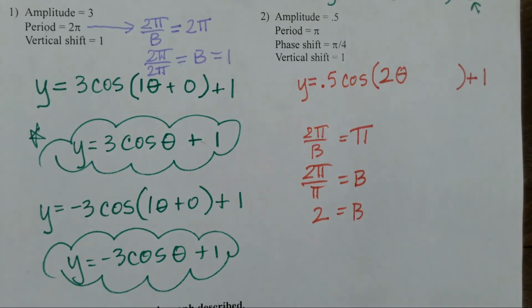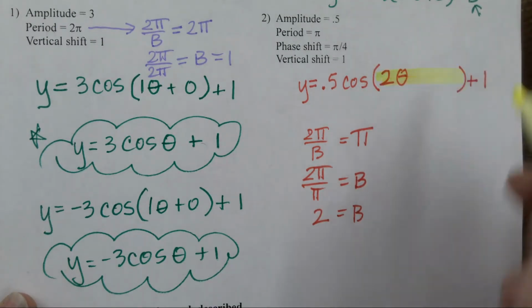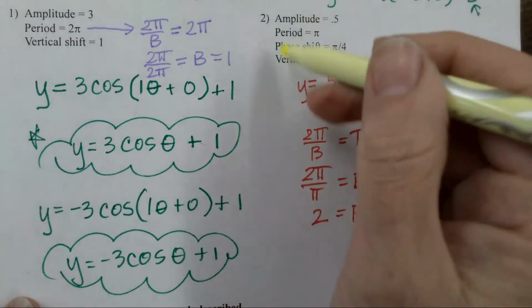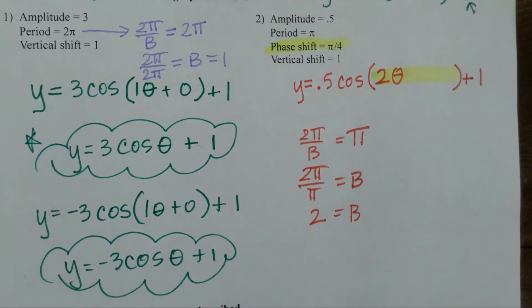Now the next part is going to be the most difficult part, because what is in here makes my phase shift, and I have to figure out what it is.